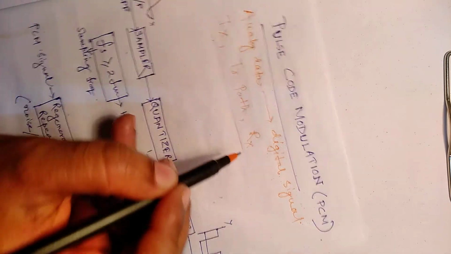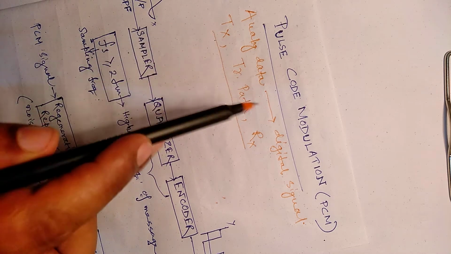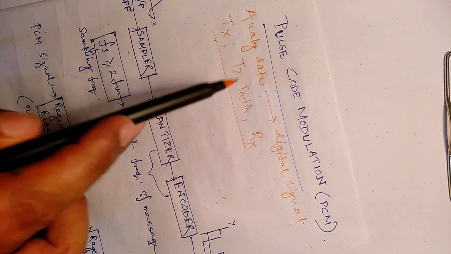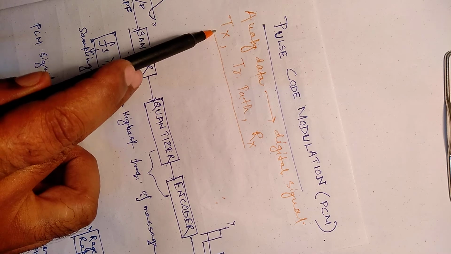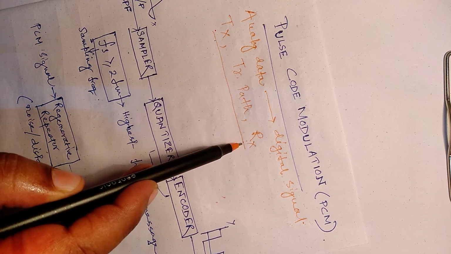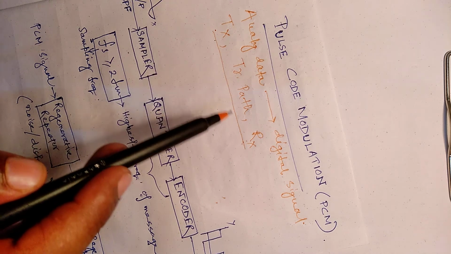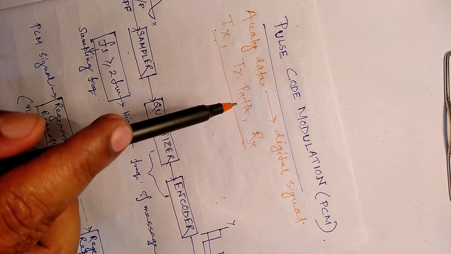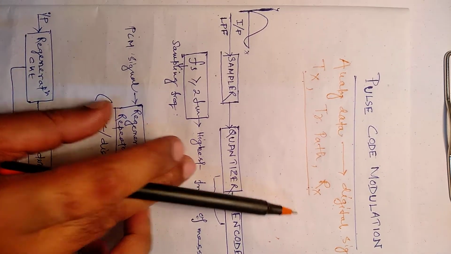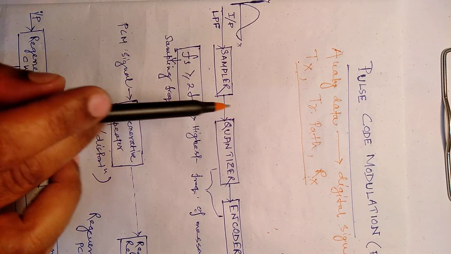For data communication we need these three things: transmitter, transmission path through which your message signal actually travels from transmitter to receiver end, and receiver is nothing but the point by which you can pick your main message signal. Clear?